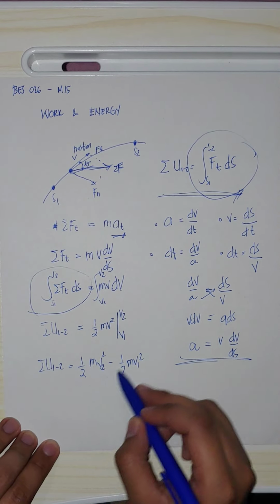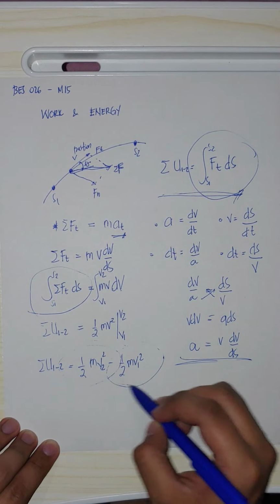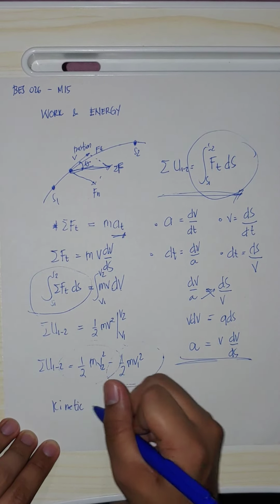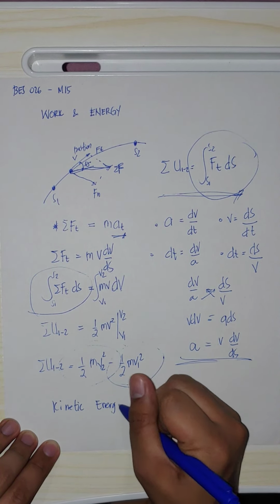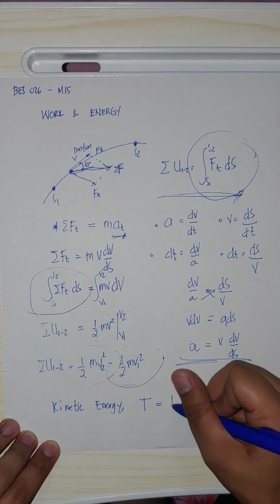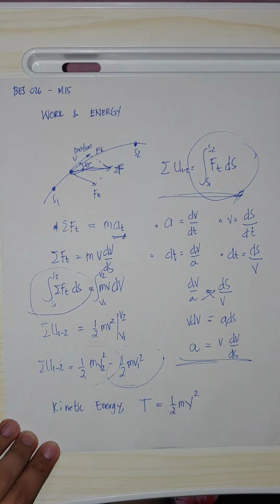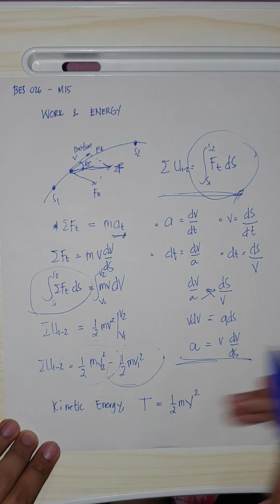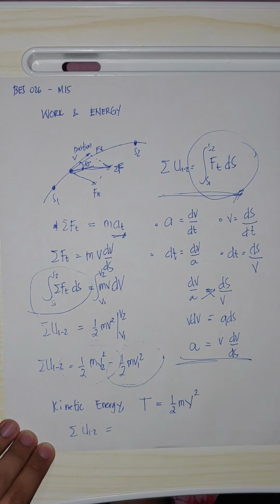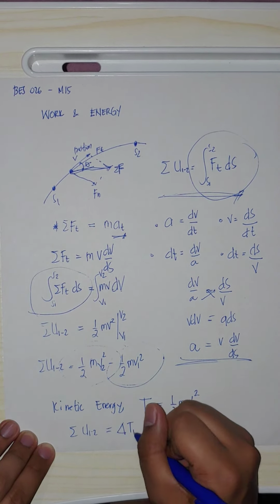So does this look familiar? This equation here, if you remember, is the kinetic energy. The symbol of kinetic energy is T. So kinetic energy is equal to 1/2 mass times the square of the velocity. In other words, the total work done on a particle is just the change of the kinetic energy.